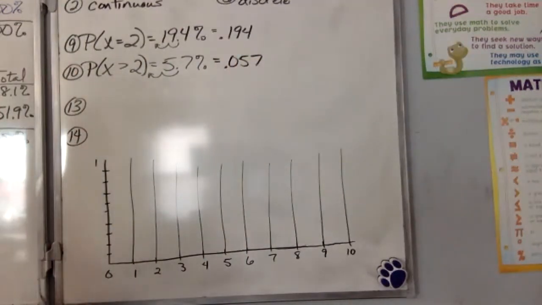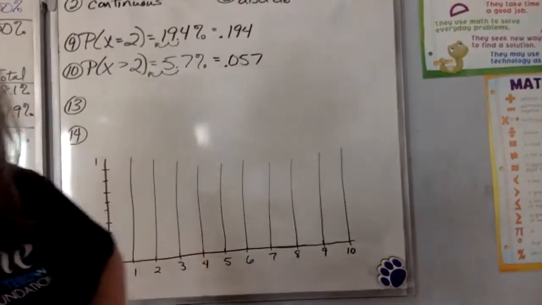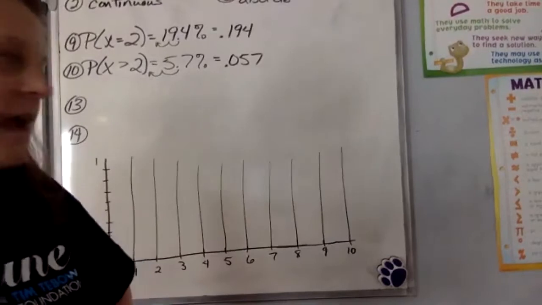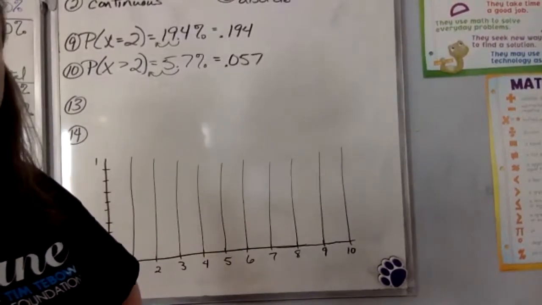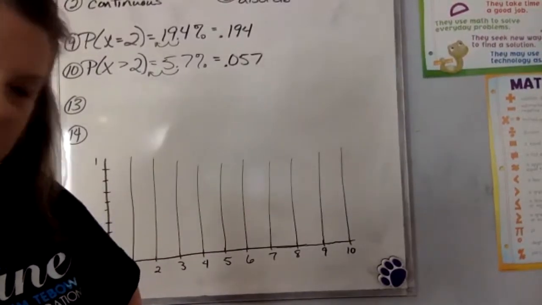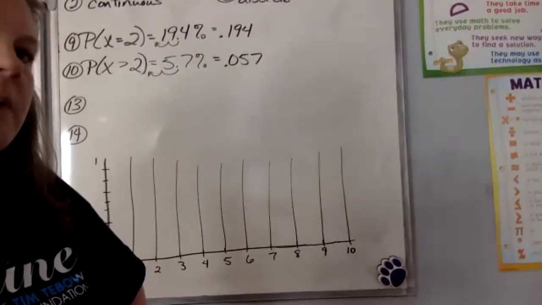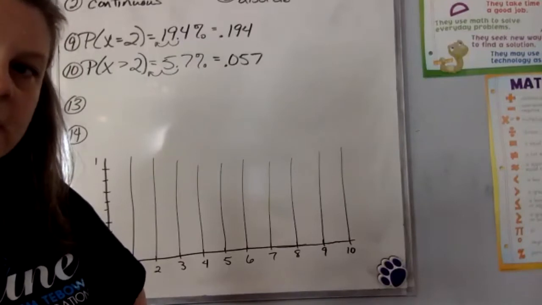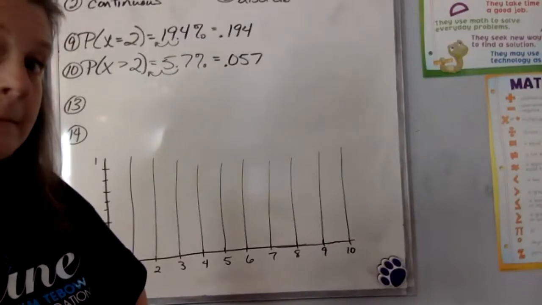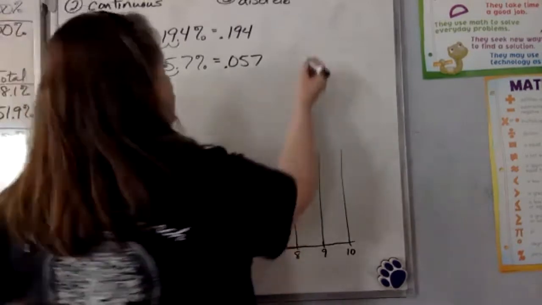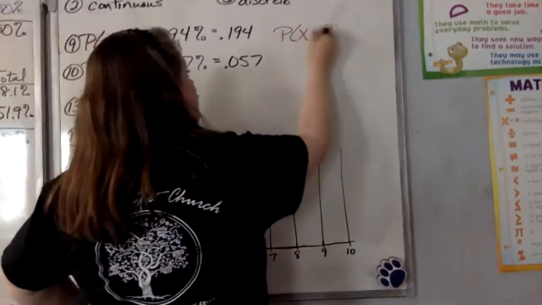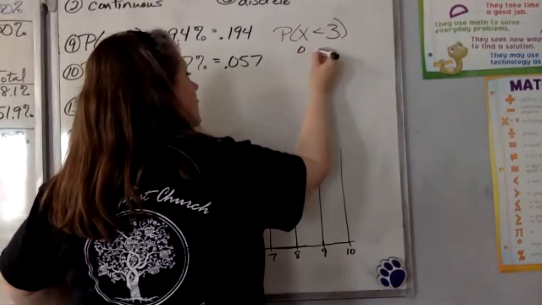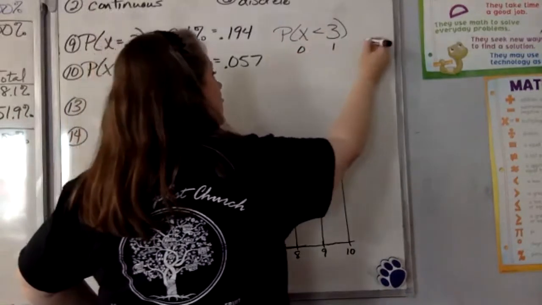Now, what if I wanted to know how many households, and this isn't one of the problems, I'm just asking you, had less than 3 dogs. Am I going to have to add some columns together? Yeah, because if I want to know the probability of X being less than 3, that's going to mean they either had 0 dogs, 1 dog, or 2 dogs.